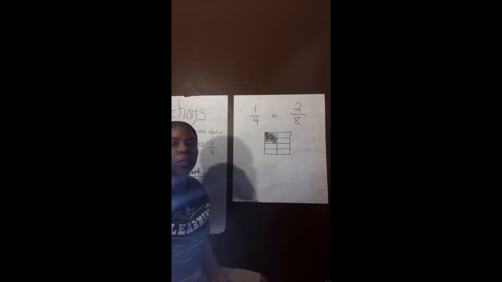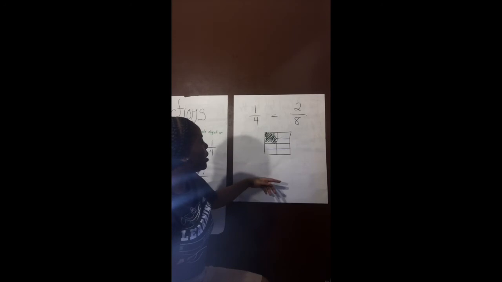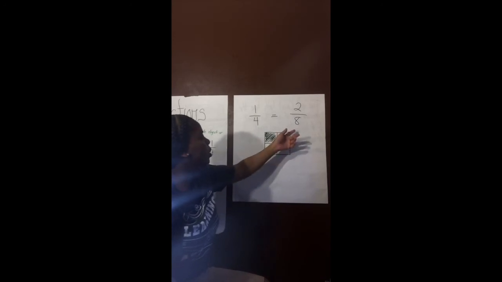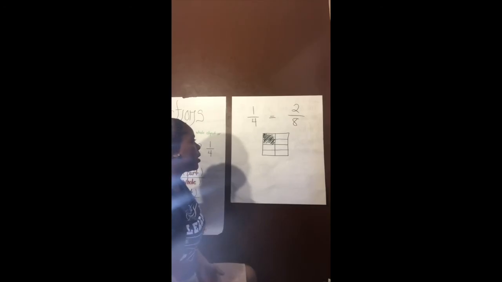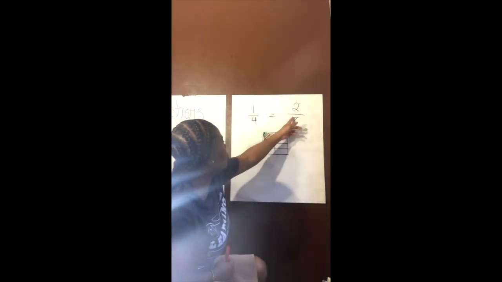Remember that when our denominators are larger, there are more parts of a whole, and each individual part is smaller, which basically means that the larger your denominator is, the more pieces you'll have in your whole. So now the numbers in our fraction read 2/8 instead of 1/4.